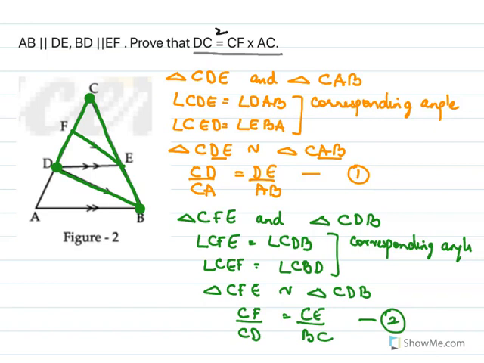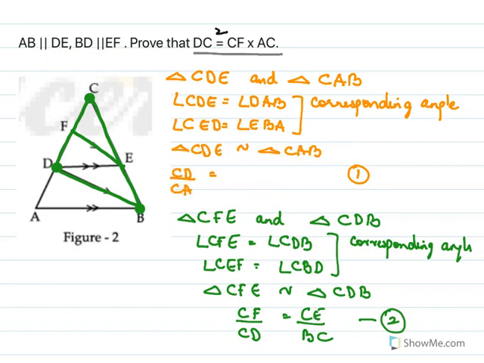Now when we compare equation 1 and equation 2, here we need to make a little change. We need DE, and here we require CE and CB. Now when we compare, we get this common, CE over CB equal to CE over CB.